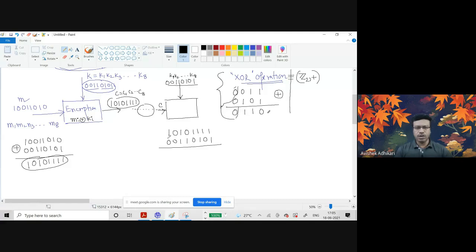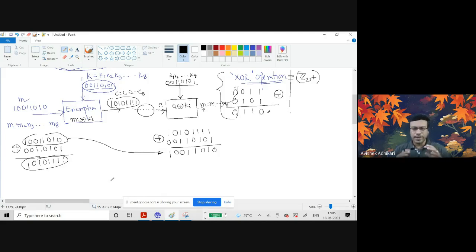Then if I do a bitwise XOR of it, what should I get? 01011001. And if you look at this, this is the same as the plain text. So the recipient will receive M equal to M1, M2 up to M8 by doing the operation Ci XOR Ki.